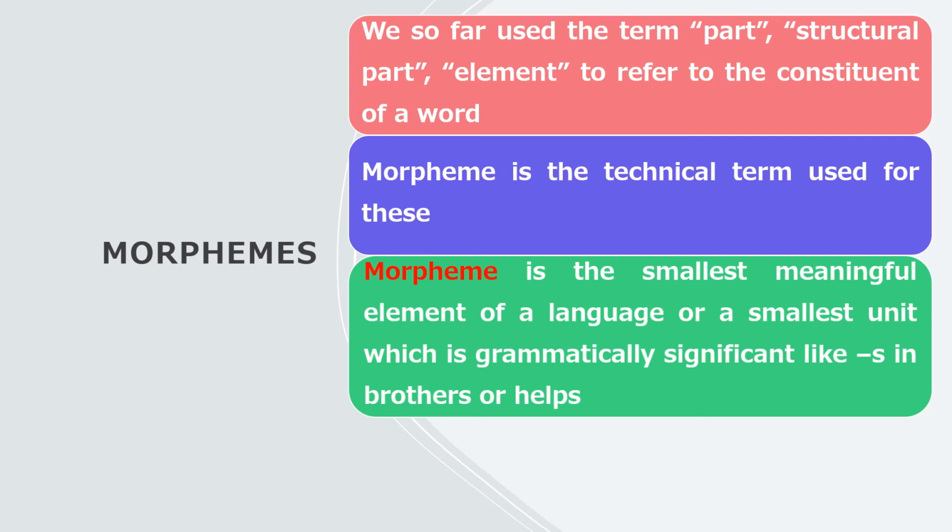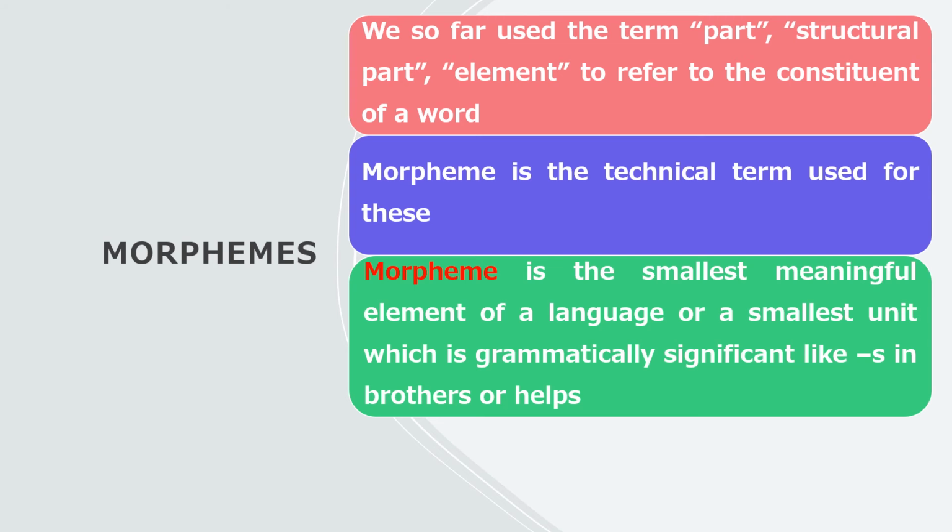We defined morpheme with two definitions because sometimes some parts don't have a meaning, but they have a grammatical function, like -s in helps. It doesn't have a concrete meaning, but it represents a meaning. It has a grammatical function.